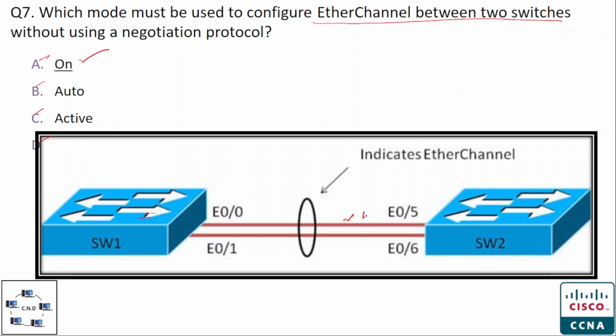So if this is 10G and this is also 10G, after combining them through EtherChannel, our effective bandwidth will increase to 20G, and this also gives us redundancy. If one port is down for any reason, the link is still up through the other port. You can combine more than two ports.